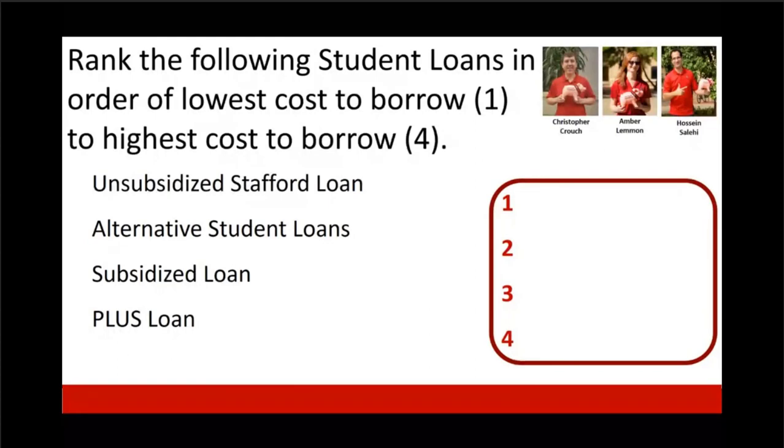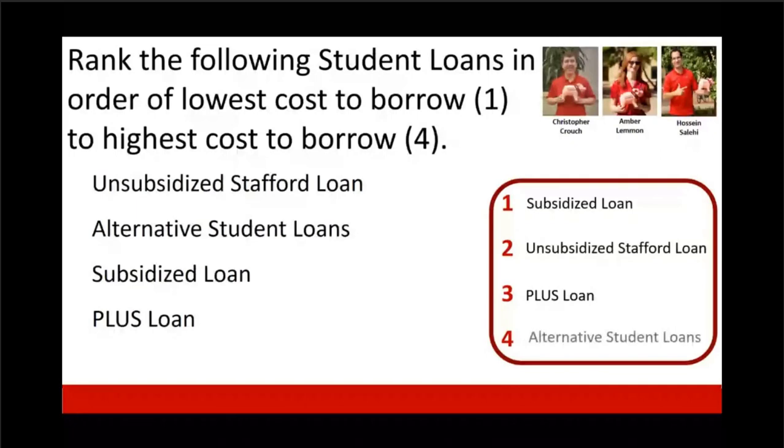So we want the cheapest one first. So what's the cheapest out of the 4? Subsidized, right? And then unsubsidized. Plus. And the alternative. You're going to need to pay attention to this ordering for the exam. You'll have a couple of questions that ask you for the cheapest cost to borrow.